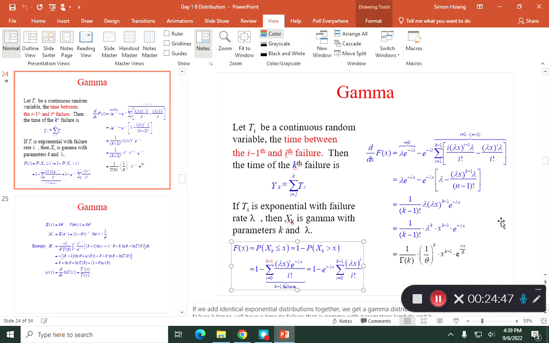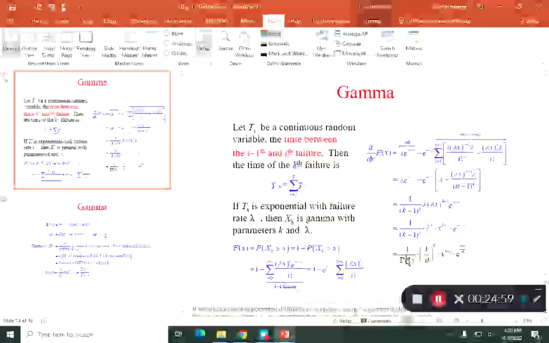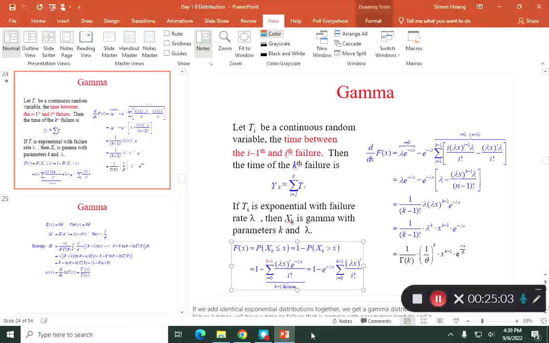What is really important for the nth failure is that the whole equation will end up with this gamma function at the end. And the gamma function is the factorial function.